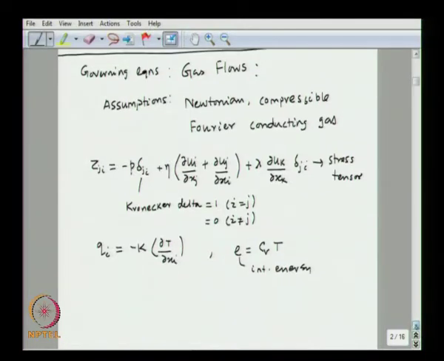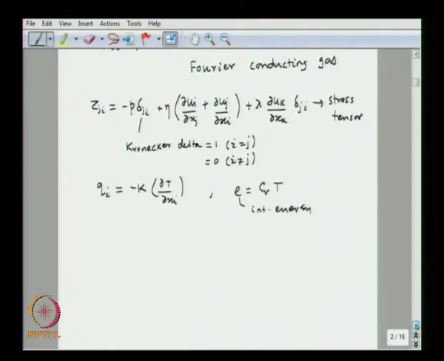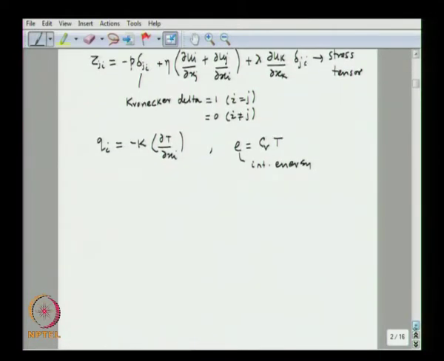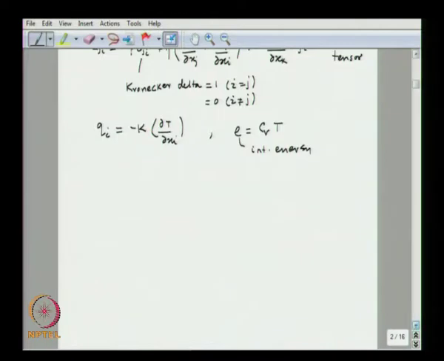And if you use these constitutive relationships in the mass, momentum and energy equations, we can write the conservation of mass as follows. So you can write it as del rho over del t plus del over del xi into rho ui equals 0, and we can write the momentum equation.